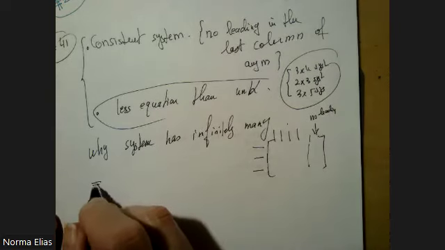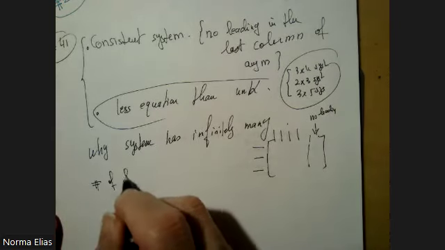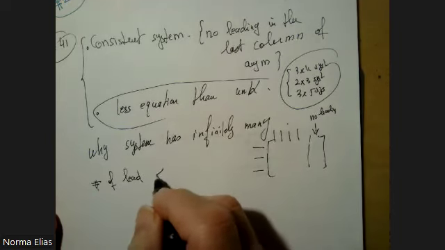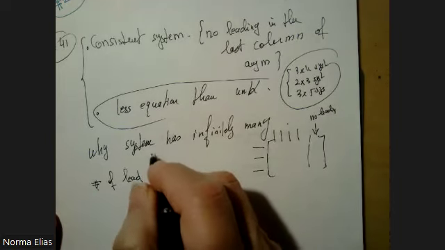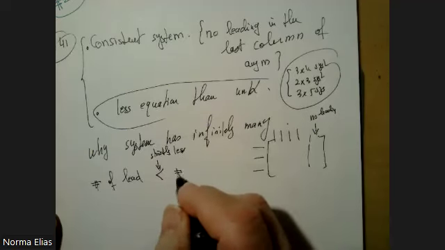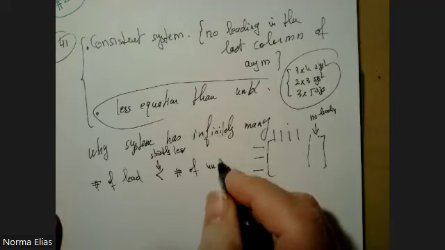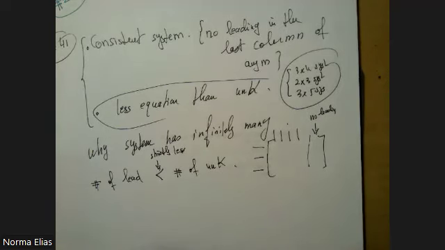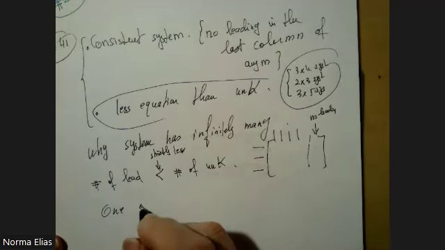The number of leading entries is strictly less than the number of unknowns, so one of the variables has to be free.